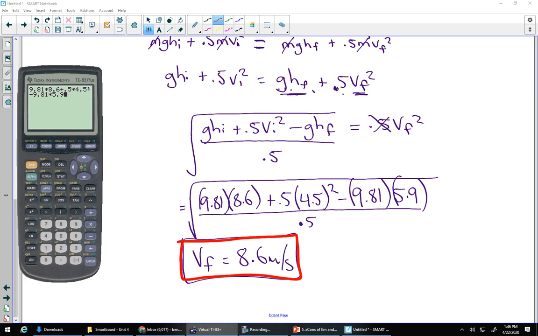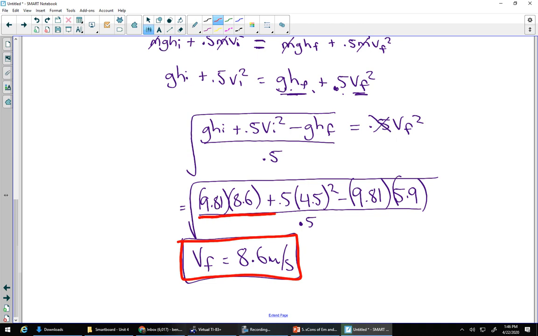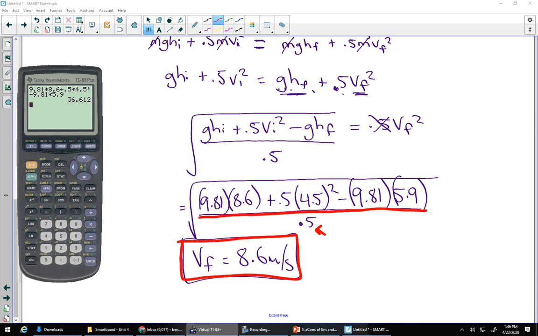So the entire top, hit enter, and then what it's showing us in the question is that entire thing is being divided by 0.5. So I need to divide that entire thing, which I've got now, which is 36.612, by 0.5, and then take the square root of that answer, and it works out to be the exact same thing. Exact same thing. So perfect.